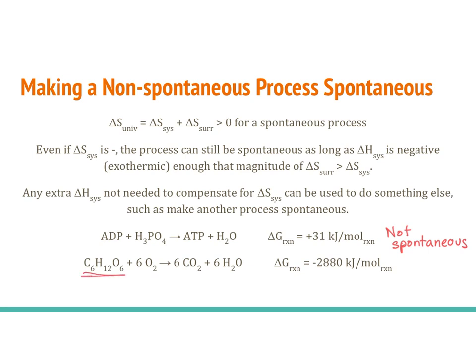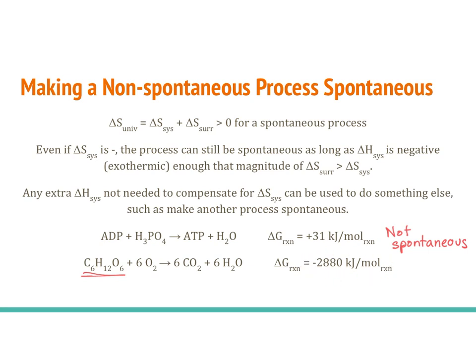This is glucose, and when your body processes glucose in the presence of oxygen, which we're breathing in, respiration, we breathe out carbon dioxide, and we also generate water. That reaction has a huge negative Gibbs free energy.